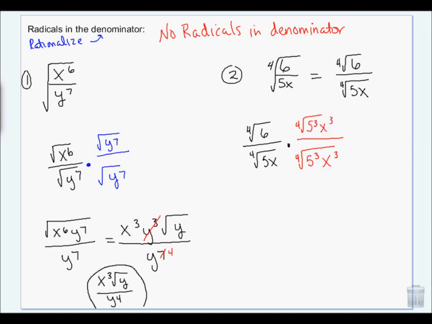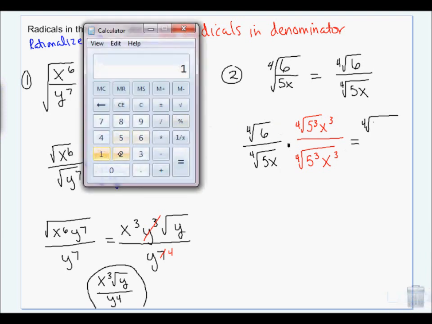Which would give me, let's see, hold on one second. I know it's 125, I just don't remember what 125 times 6 is. So I have 125 times 6, so 750.